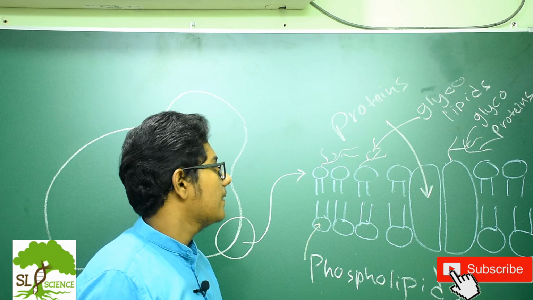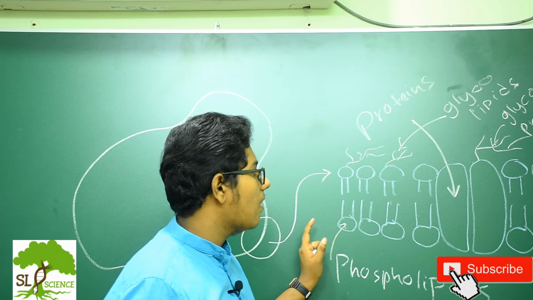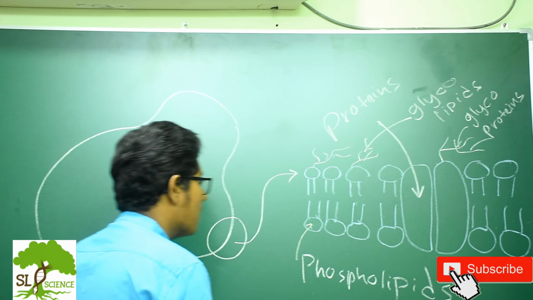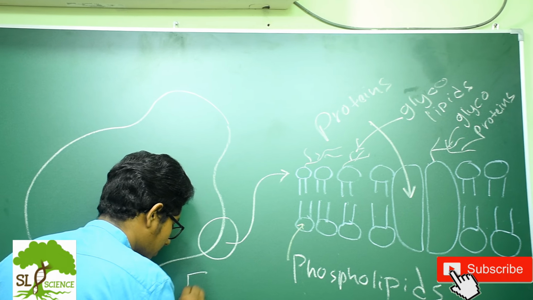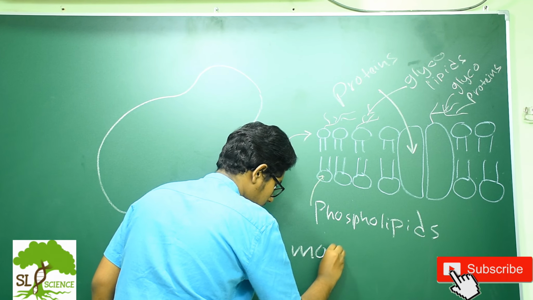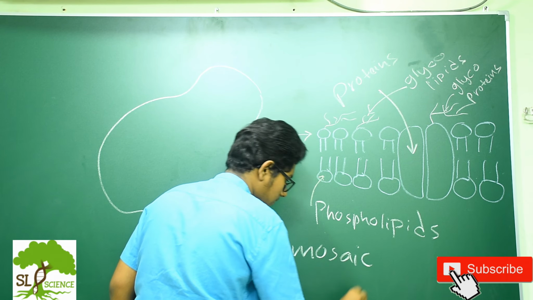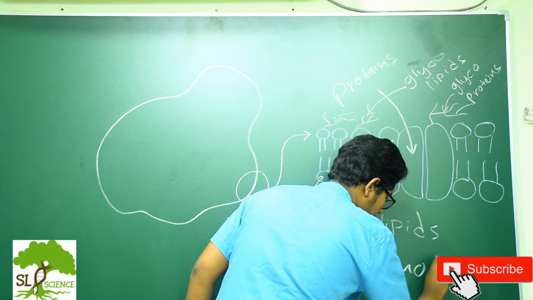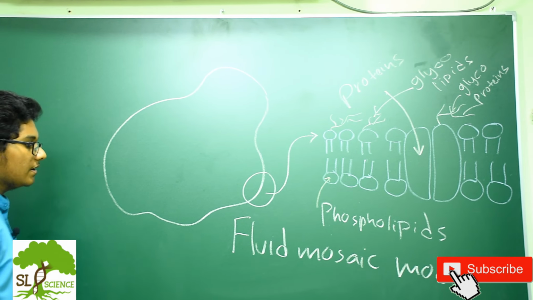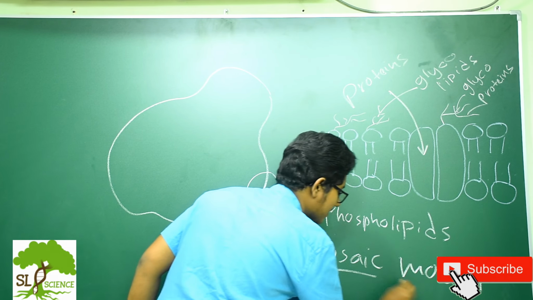And we call this structure of the cell membrane the fluid mosaic model.